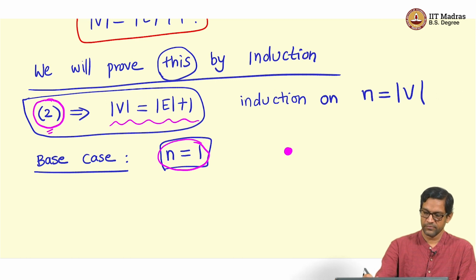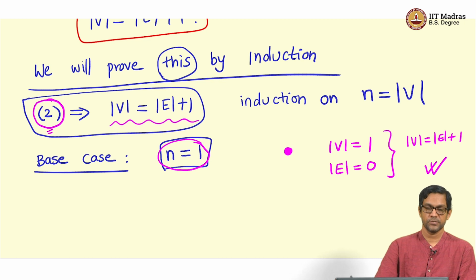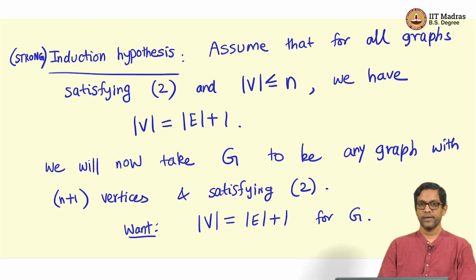Okay, so I have a graph with a single vertex. Well, mod V is 1, it has got 0 edges, and therefore this satisfies mod V equals mod E plus 1. So the base case is established. There is only one graph and that satisfies the required condition. Okay, so now the base case is done.